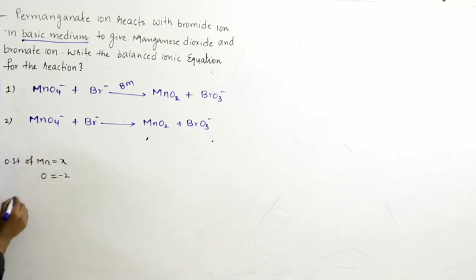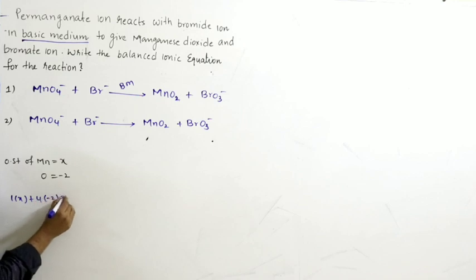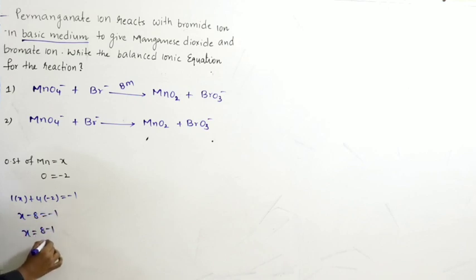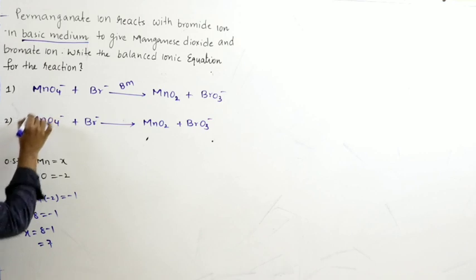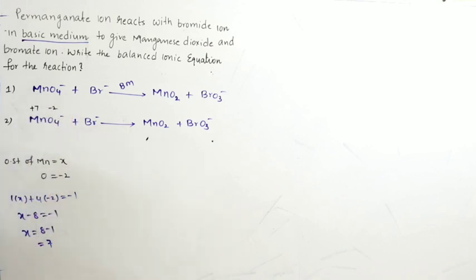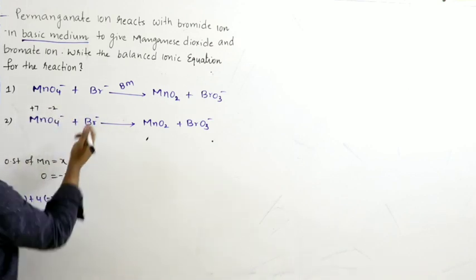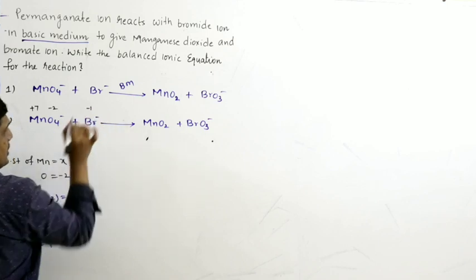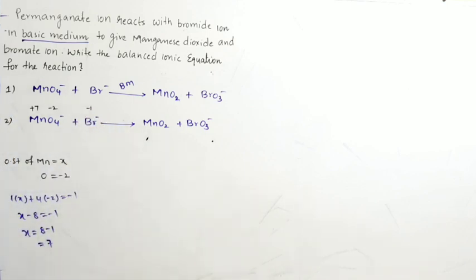So 1 into X, 4 into minus 2 equals minus 1. X minus 8 equals minus 1, X equals 8 minus 1, that is 7. So the oxidation state of manganese is plus 7, oxygen is minus 2. Here Br minus, so clearly its oxidation state must be minus 1.